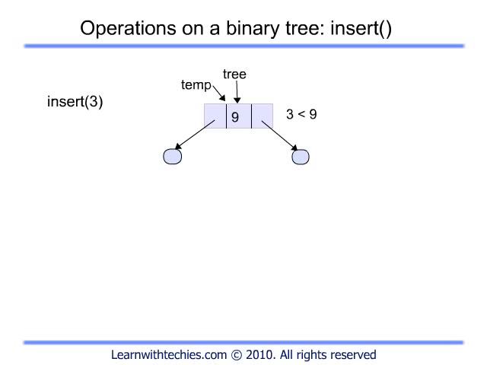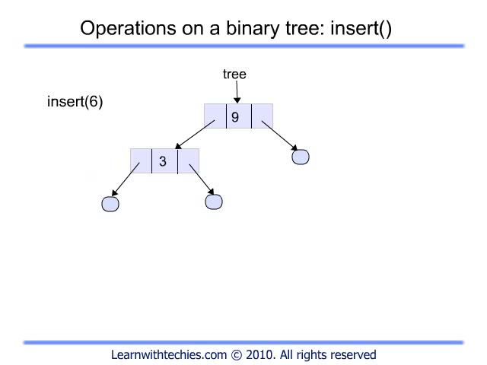Since 3 is less than 9 we will move to the left subtree. Since the left subtree is a leaf node, we will insert 3 there. If it was not a leaf node, we would have moved further down the subtree with a similar kind of comparison. A new node is created and 3 is inserted there. The left pointer of temp will point to this new node.